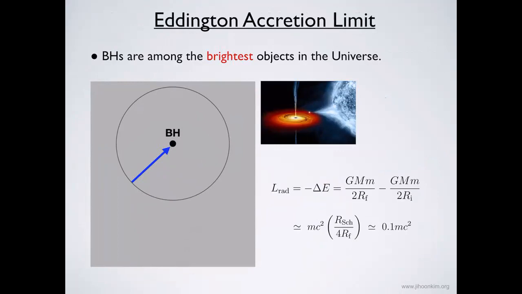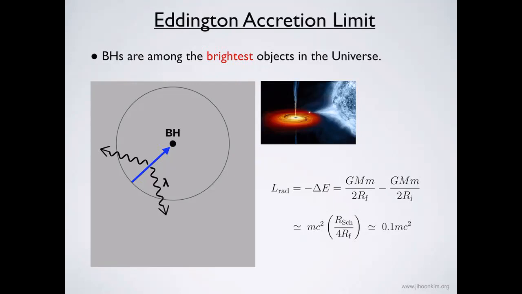So you can actually estimate the energy that the infalling gas emits every time, say, a single proton goes into the black hole. You can estimate the gravitational energy that it has to lose, or the radiation energy that it has to emit.